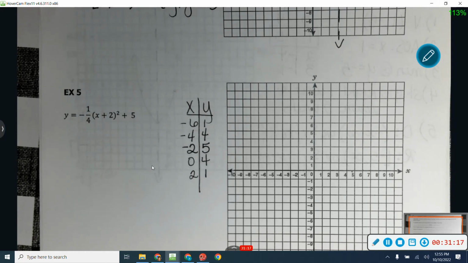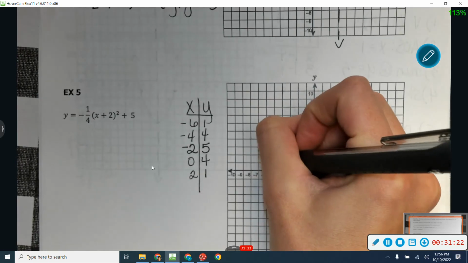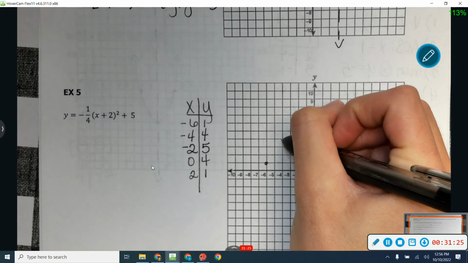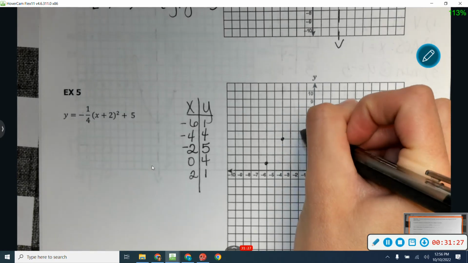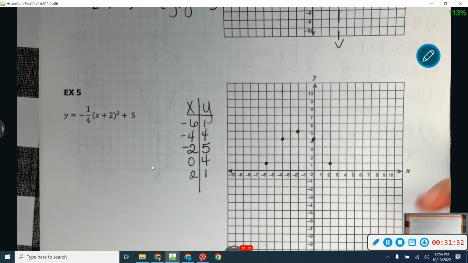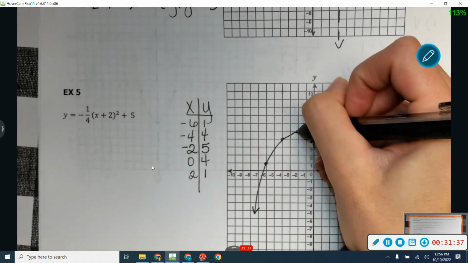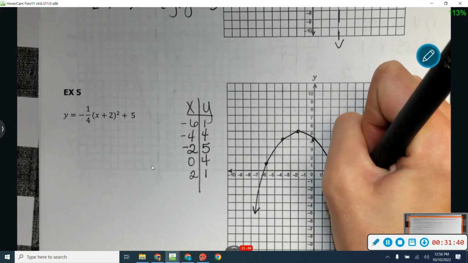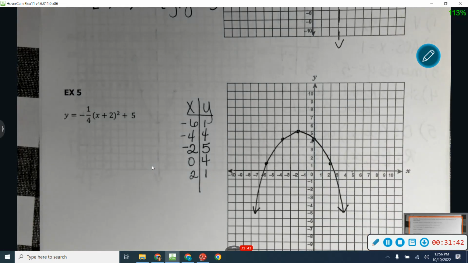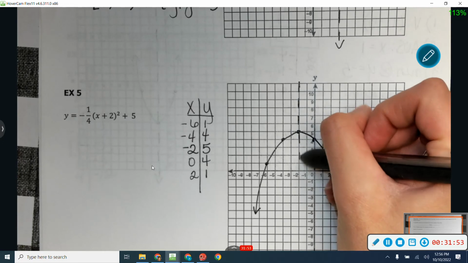We good with that? And if you know you already have to graph the axis of symmetry, you can do that. You don't have to wait until you write it down to graph it.